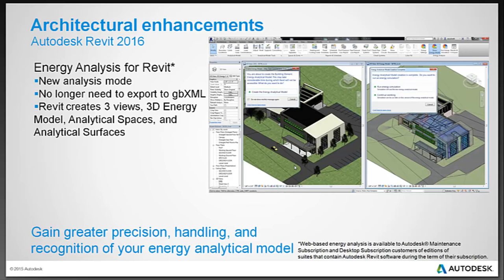Instead, you will use the energy cost range dashboard to learn similar information in a more interactive way. So the bottom line here with the energy model enhancements is you're going to have greater precision, handling, and recognition of your energy analysis in Revit.